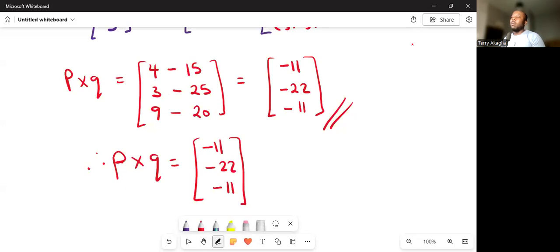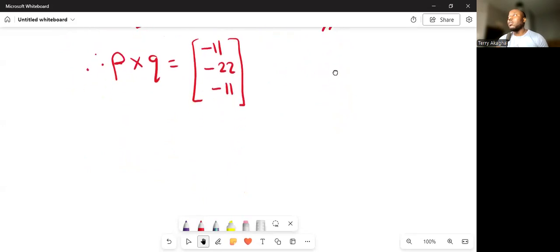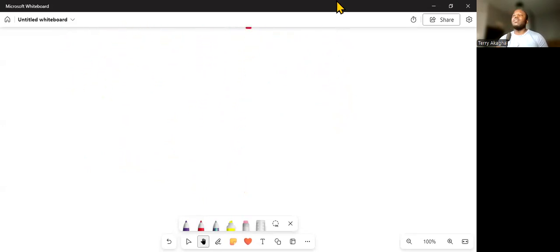All right, let me pick one more example. Let's pick an example using 2 dimensions this time. Okay, so let's see what we get. So number 2, we're told that we should find the vector product.